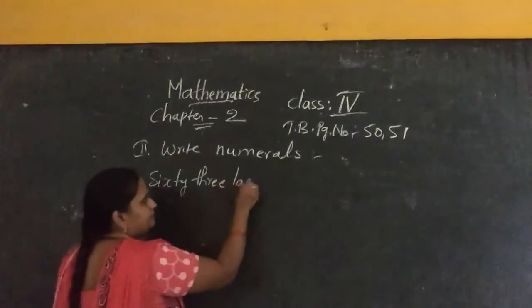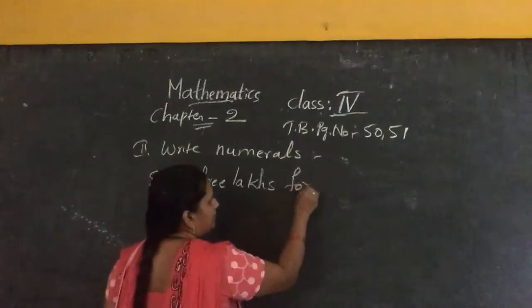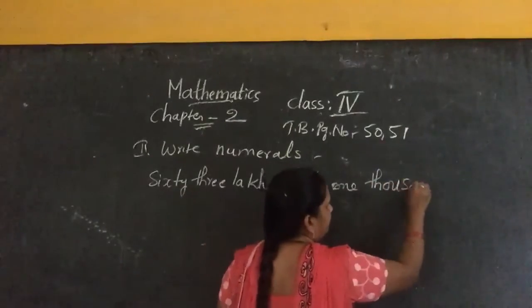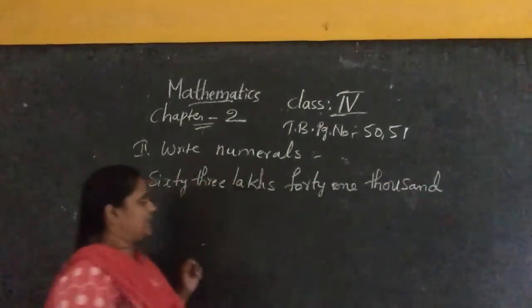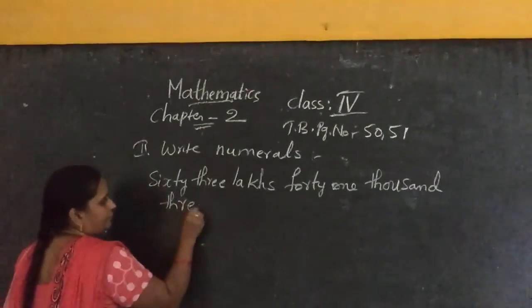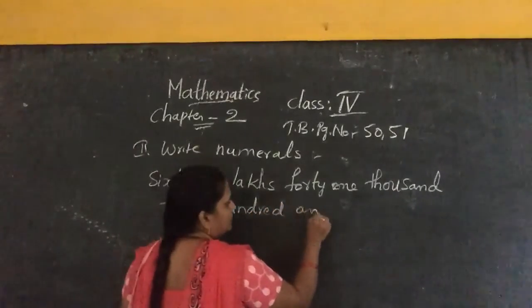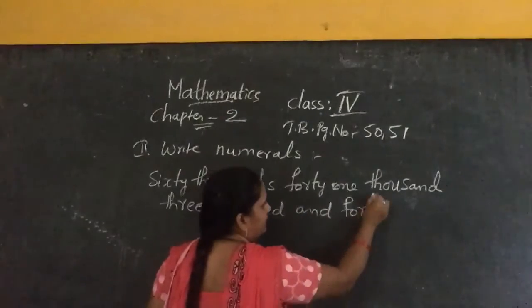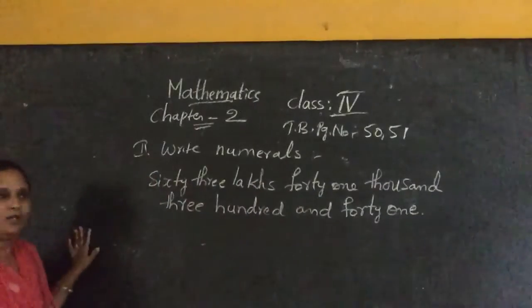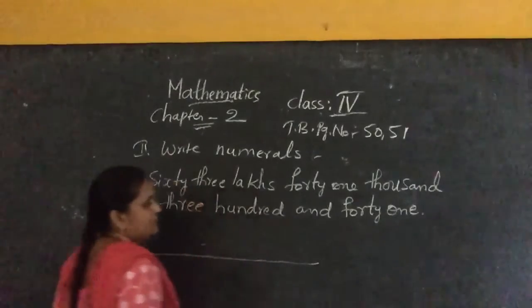Don't copy this one, children. This is the word format. Now how to write those words as numbers?